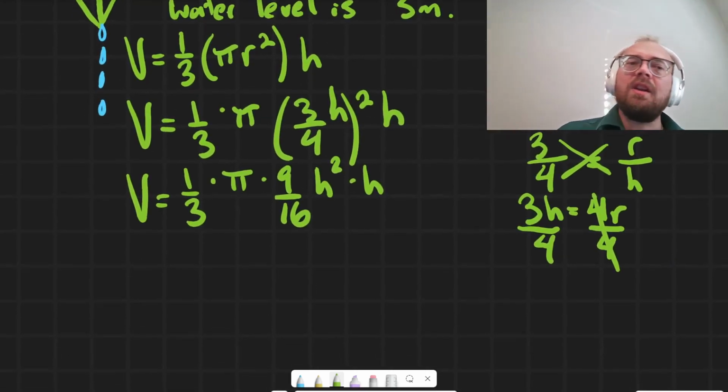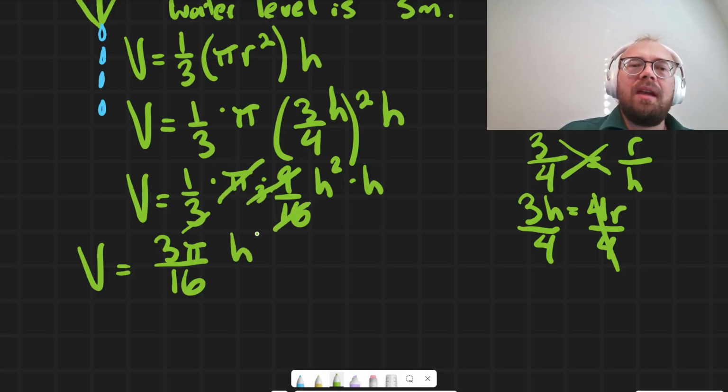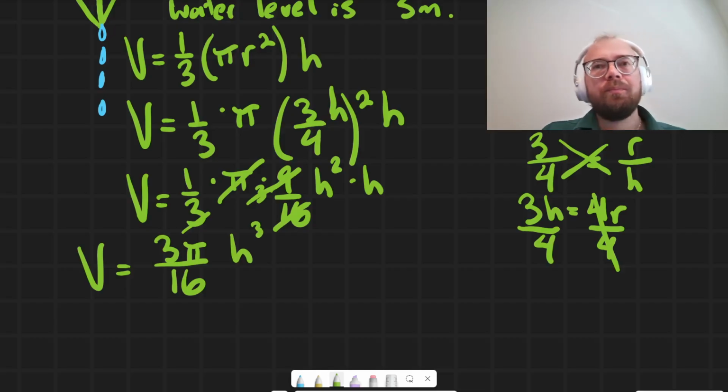So I can continue to put this all together by saying volume is equal to, and I'm going to get the 9 and the 3 to cancel out a little bit here. So that would be 3 pi 16ths h cubed.